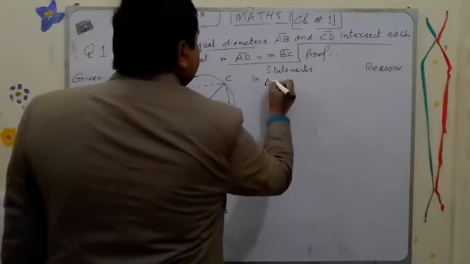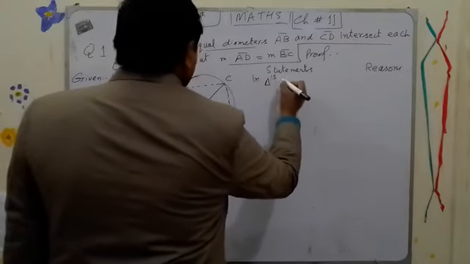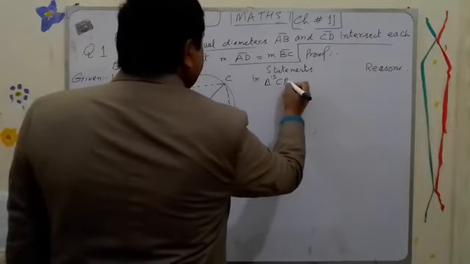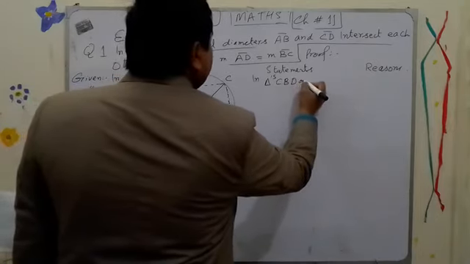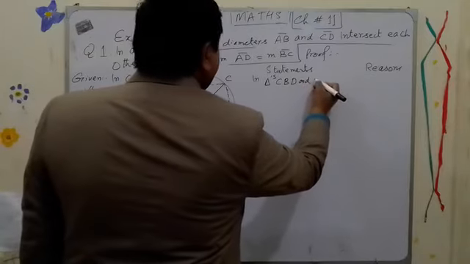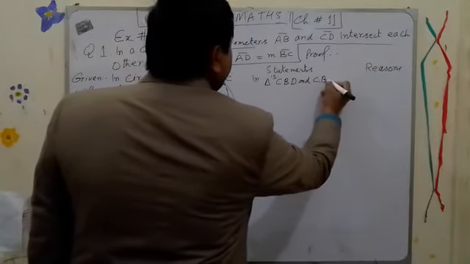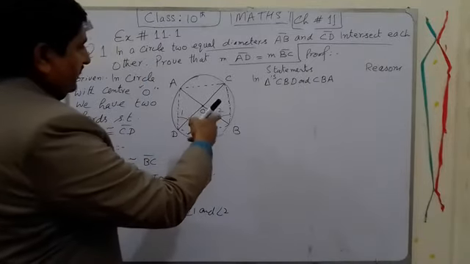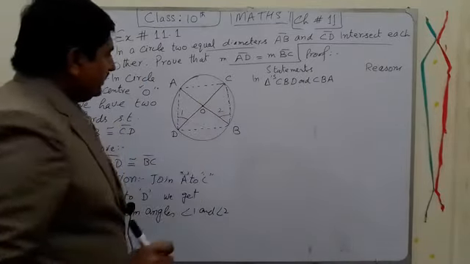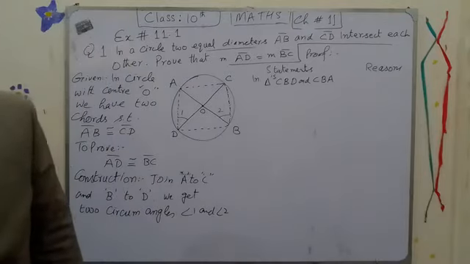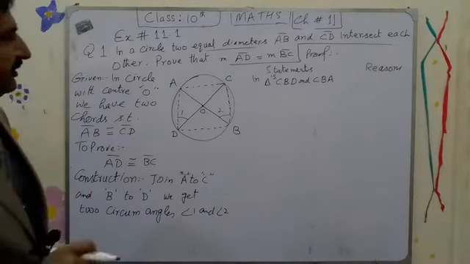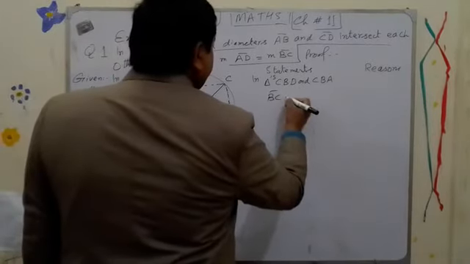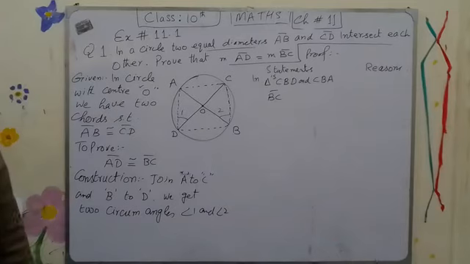In triangles CBD and CBA, in these triangles, what do we have common? BC is common in both.